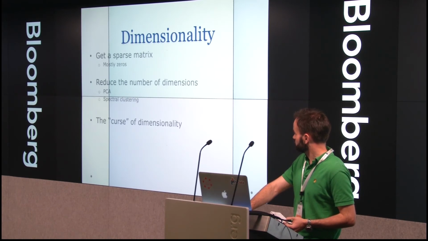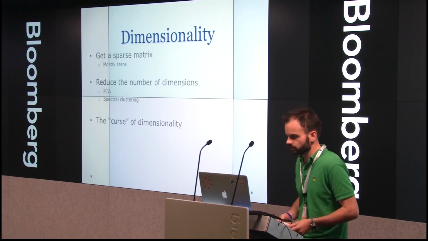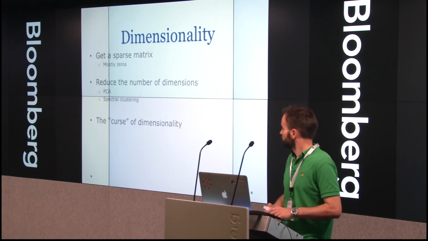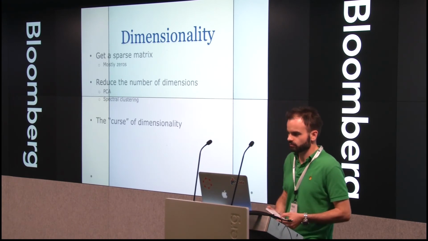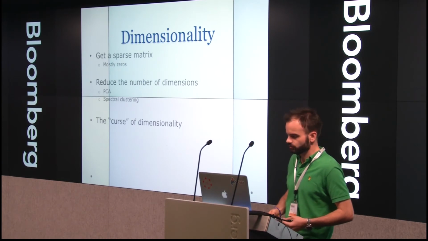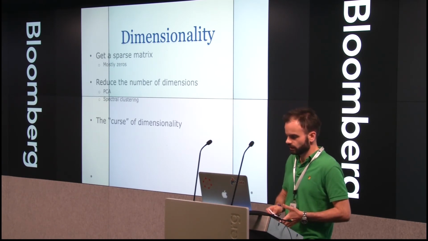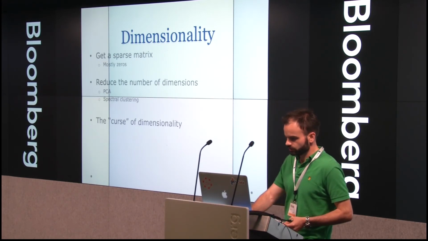Dimensionality is a whole topic. You could have a whole presentation on that, but there are pros and cons with text analysis. If you want to visualize your result quickly, I would try and reduce the number of dimensions, and spectral clustering is one way to do it.